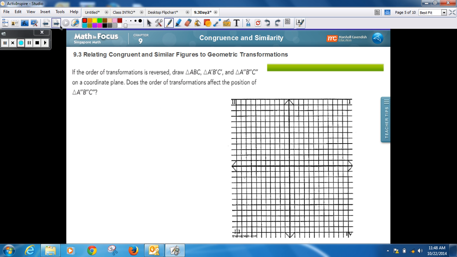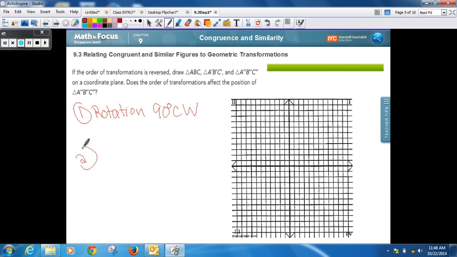Okay, our next one says, in the order transformation is reversed, draw A, B, C, A double prime, and so on. Does the order of transformations affect the position? Well, the last time, when we did the original, we said we reflected first. So we're going to do the opposite. We are going to do the rotation first of 90 degrees clockwise.